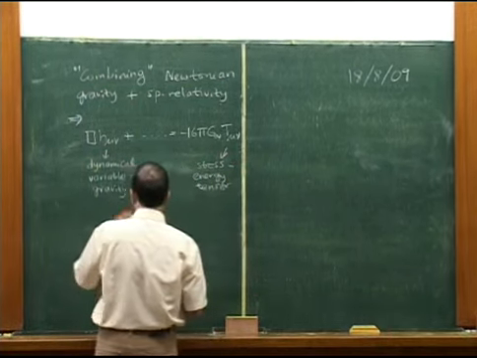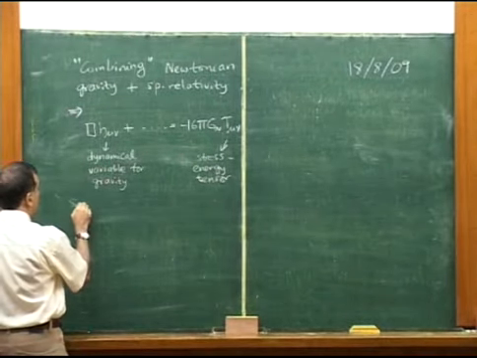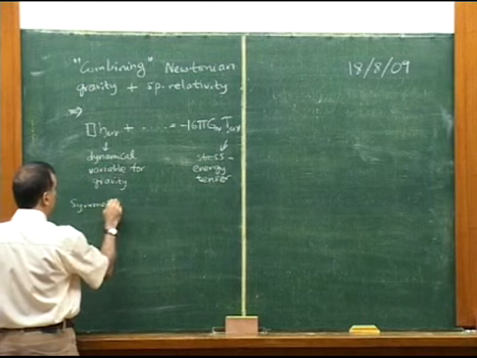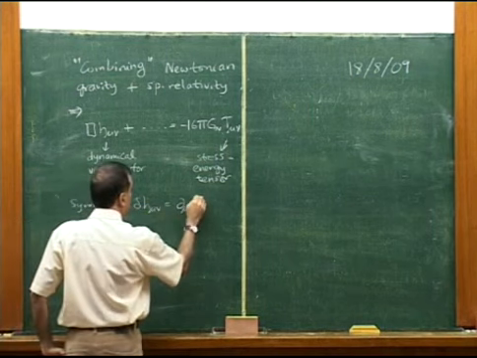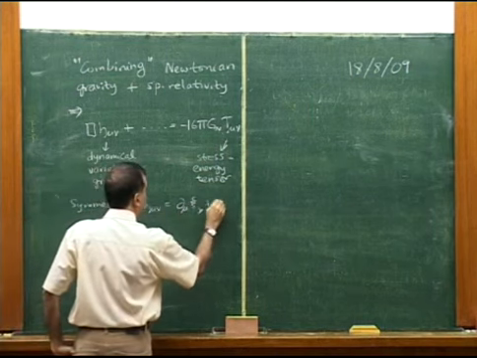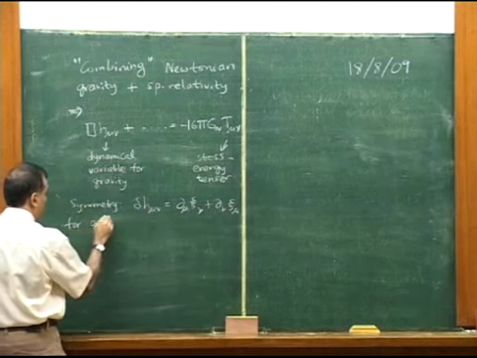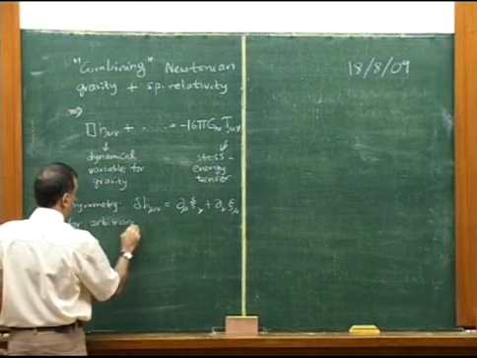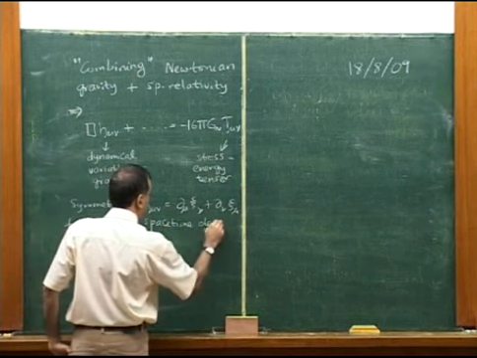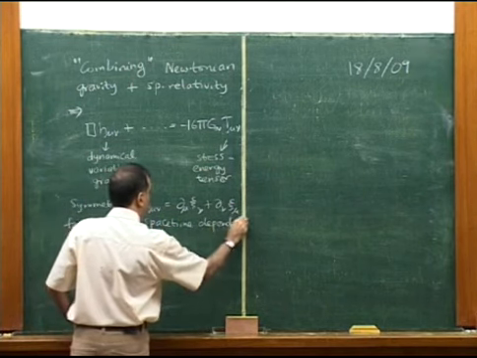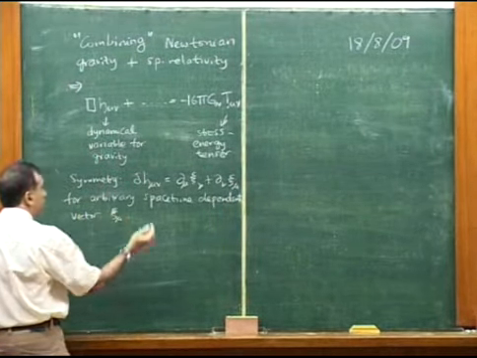So this was one fact that we derived last time, and the second fact was that this equation has a kind of local symmetry or invariance under variation of h mu nu being given like this, for any arbitrary space-time dependent vector psi mu.